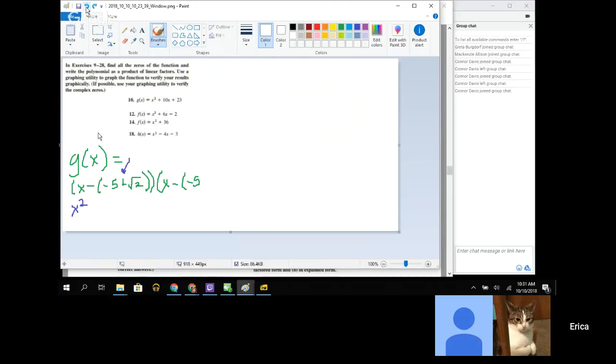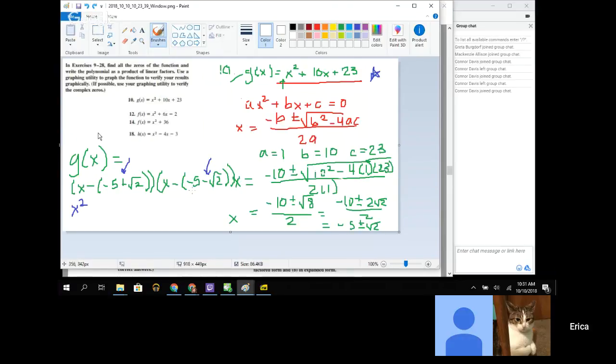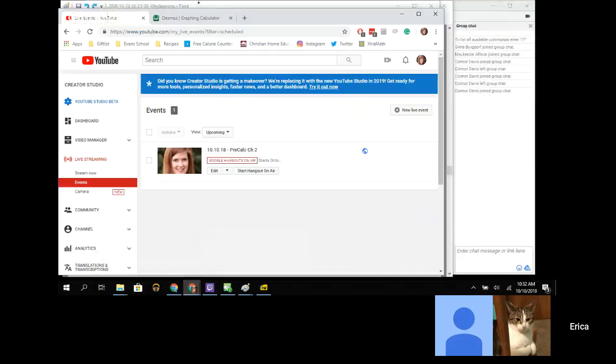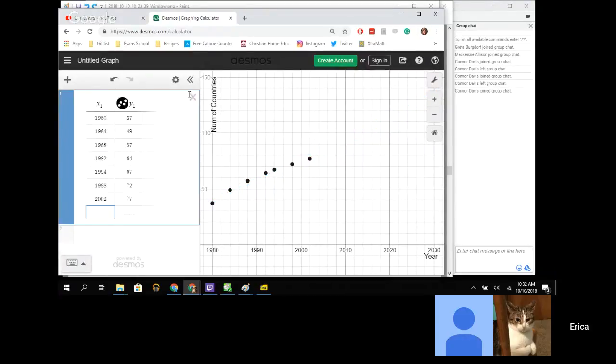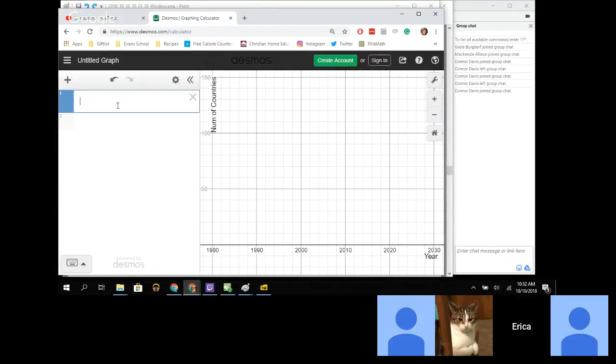Undo, undo. So we said that the roots were negative 5 plus the square root of 2 and negative 5 minus the square root of 2. I have my calculator. What is negative 5 plus the square root of 2? Actually, let me put it on Desmos here. Back to algebra 2. I love algebra 2. All right.